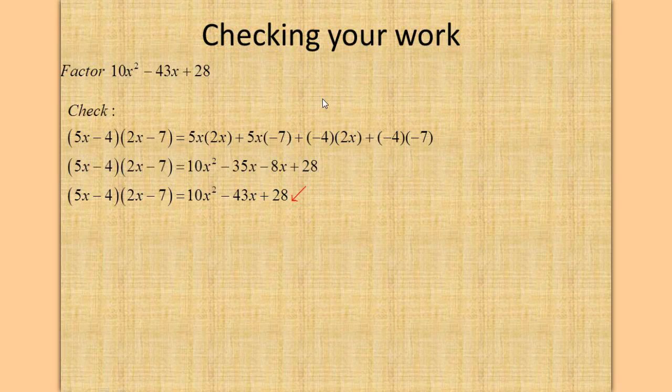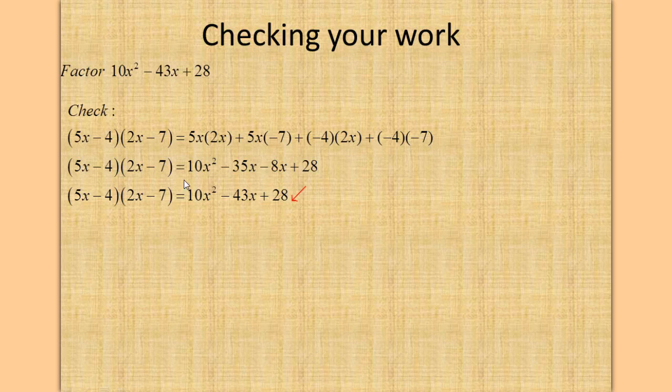Okay, let's check our work. Here are the factors we came up with, and they should be equal to the original. So let's multiply that out. 5x times 2x, plus 5x times minus 7, minus 4 times 2x, minus 4 times minus 7.